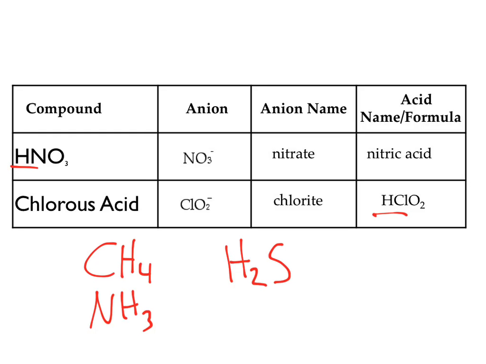And molecules in which hydrogen is not written first, where it's last or somewhere in the middle, are not acids. So we do have some molecules that have hydrogen but are not acids, and some that have hydrogen and are. To distinguish them, for acids we write the hydrogen first, and if they're not acids, we don't.